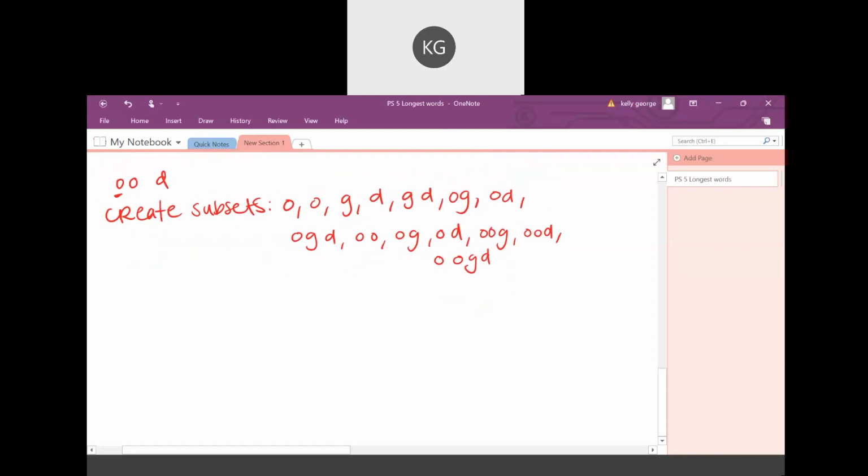Okay, so then we created the subsets, but now we need to look at them in order from greatest to least. So I actually used insertion sort for this too to order them, but you don't have to. So order from greatest to least, that means this would be first.